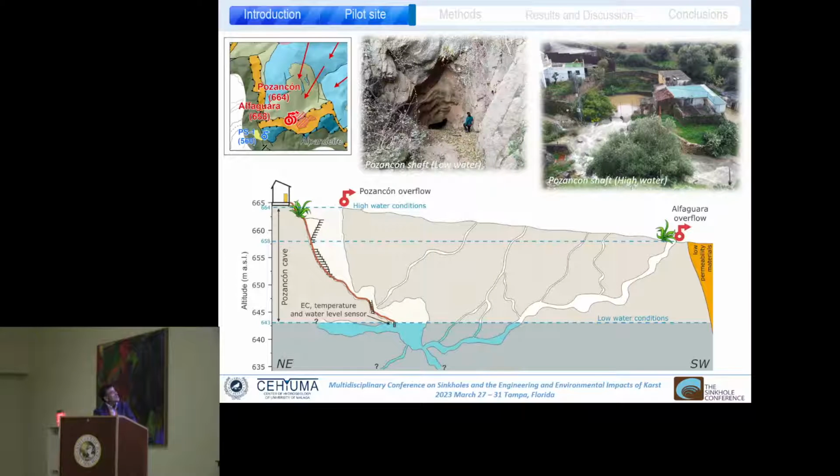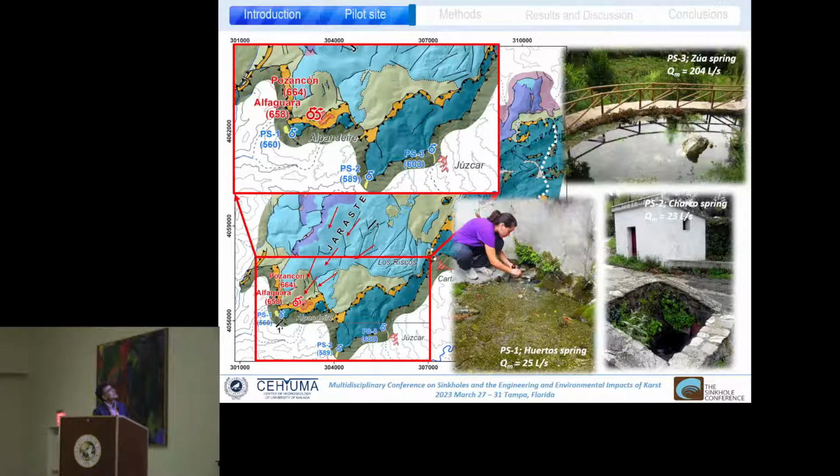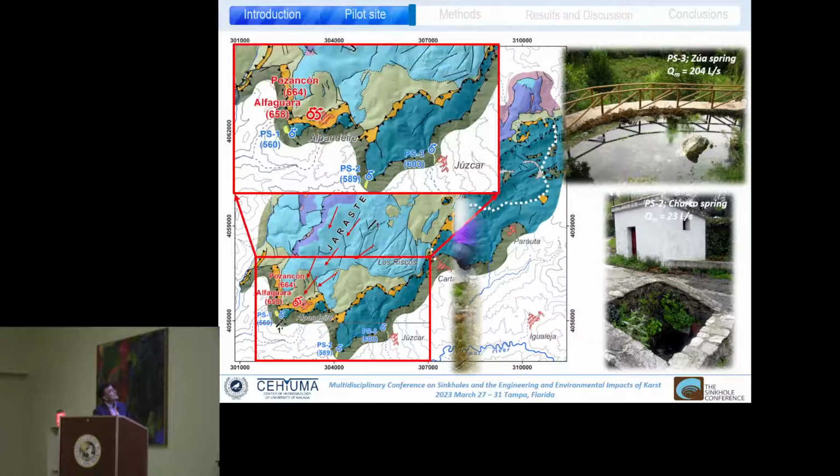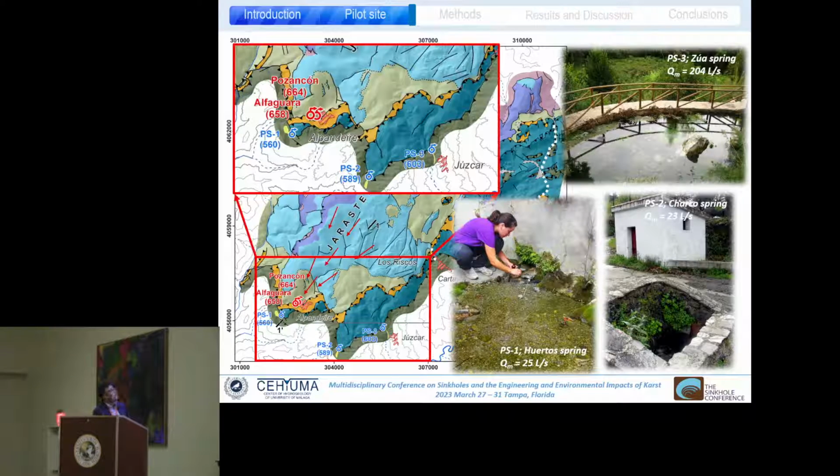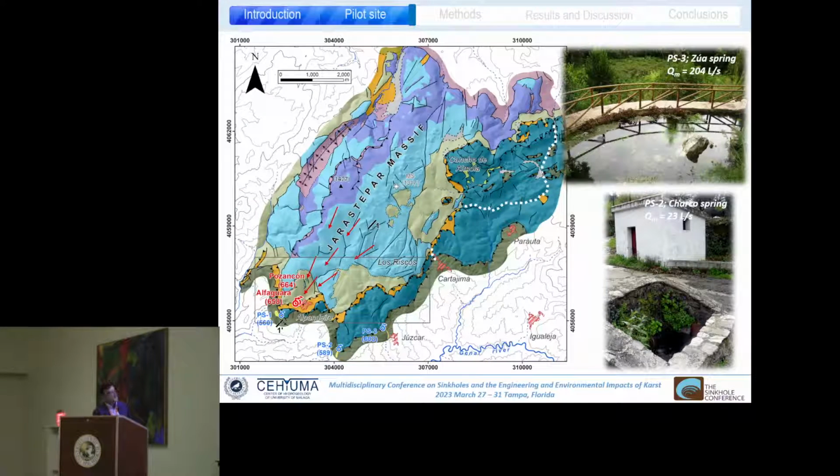And then the first overflow spring, Alfaguara overflow, is 658 meters, and just 6 meters above is the higher one, Pozancón overflow. So we have two overflow springs over this permanent water table. And you can also see the monitoring point in that area.